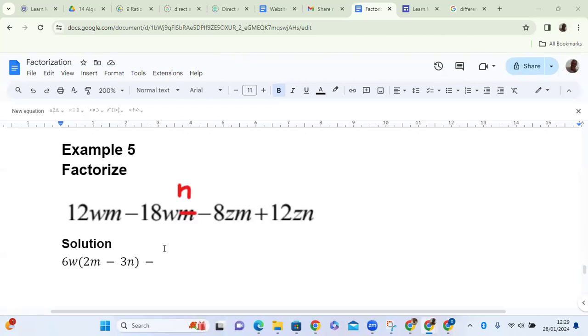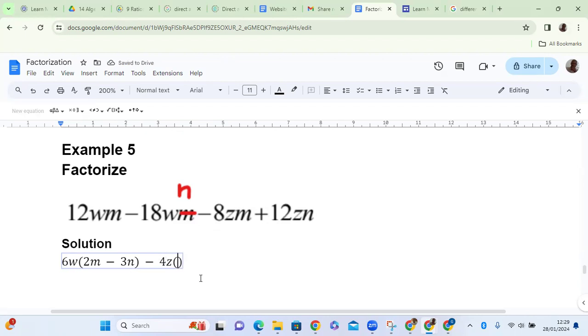Now we've got to find the highest common factor between 8 and 12, which is 4. By the time we put that 4 there, we have to be reminded that we are going to be dividing by a negative 4. Z is common between the two, so we include Z as a factor outside of the bracket.